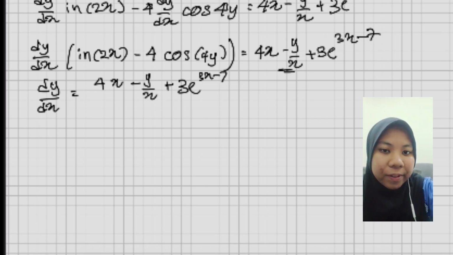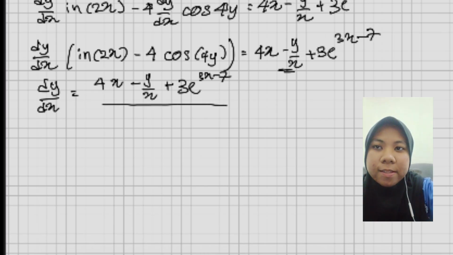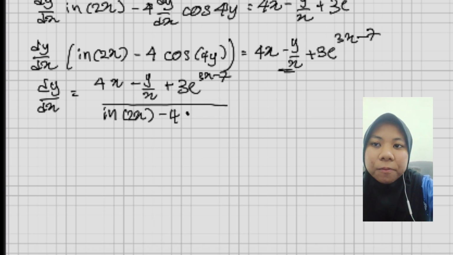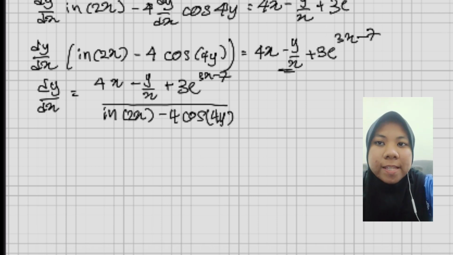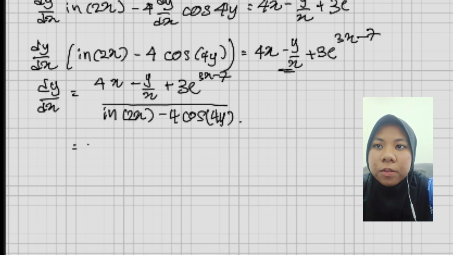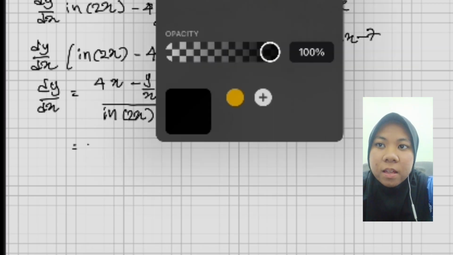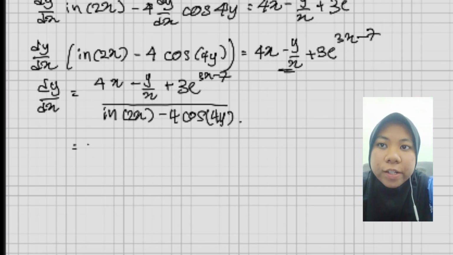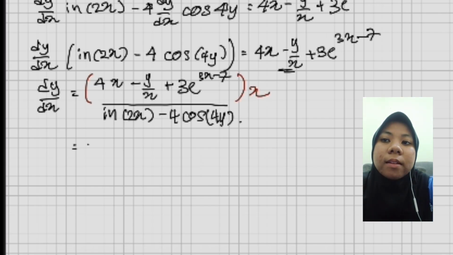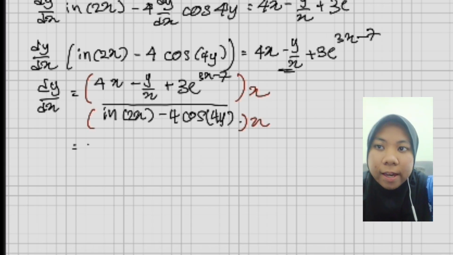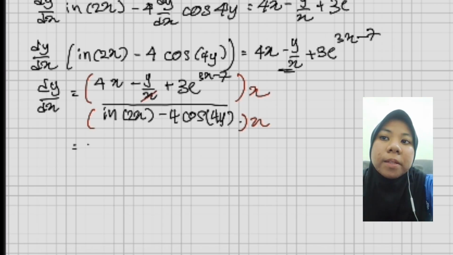Okay, so we already have the answer, but if you want to make it prettier or easier to read, we can multiply by x for both parts. So we put 4x minus y over x plus 3 e to the power of 3x minus 7 times x, and for ln 2x minus 4 cos 4y also times x.